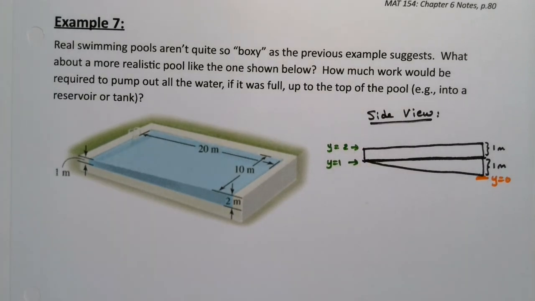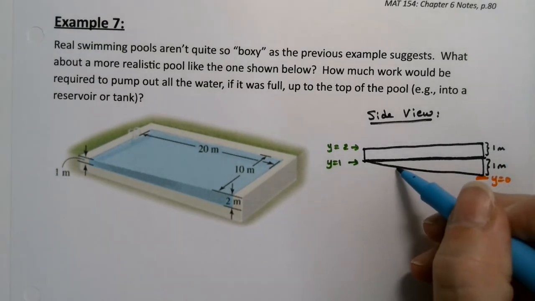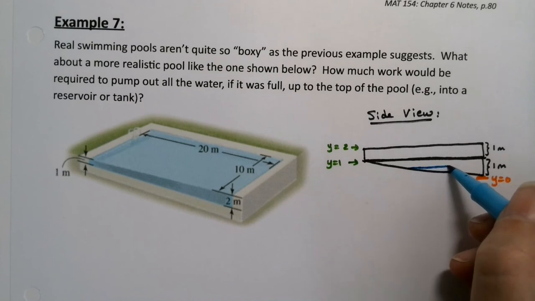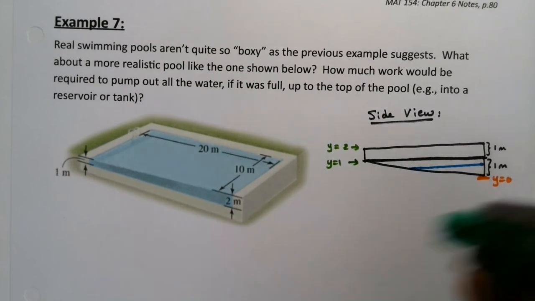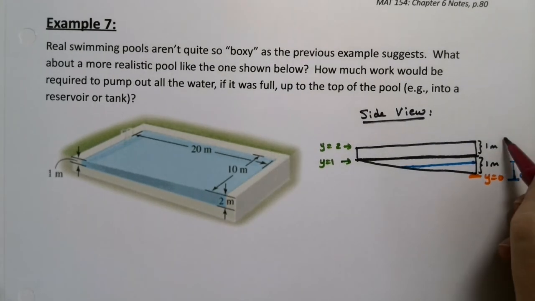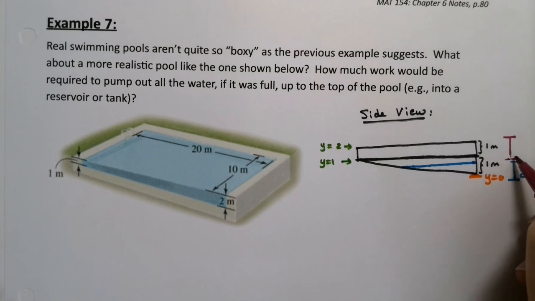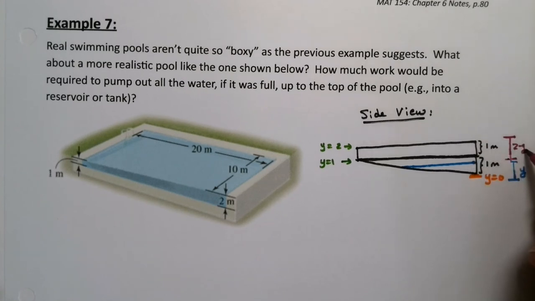So if you have water at this level, it doesn't really make any difference. So if we say that that's y, that height from here to the bottom is y. Then this height here that you have to pump the water out is 2 minus y.